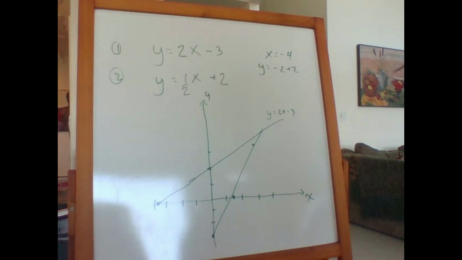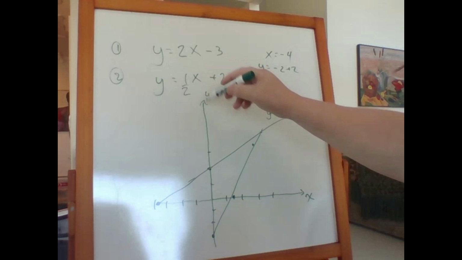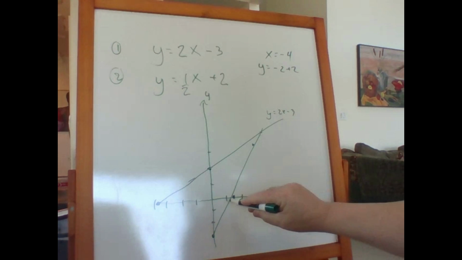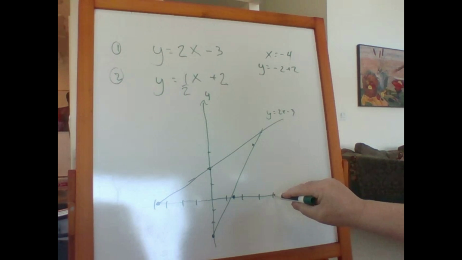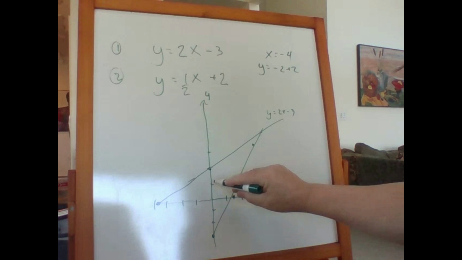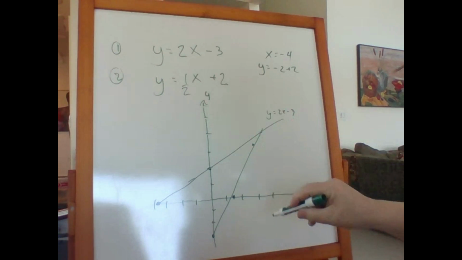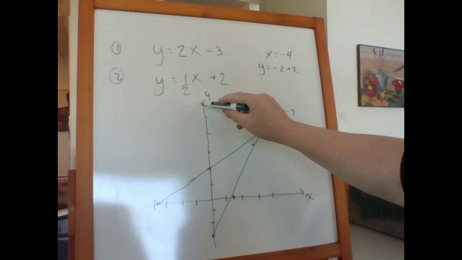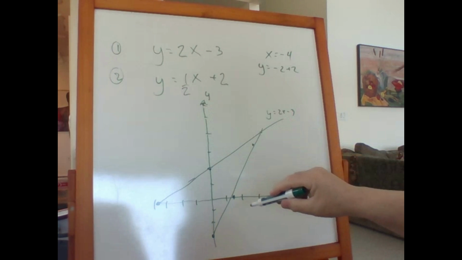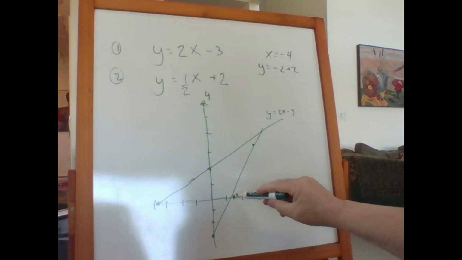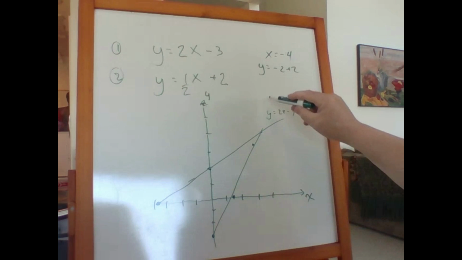So let's say x is 4, 1, 2, 3, 4. Y would be 6, 1, 2, 3, 4, 5, 6. Of course, this is hardly precise in any sense of the word.